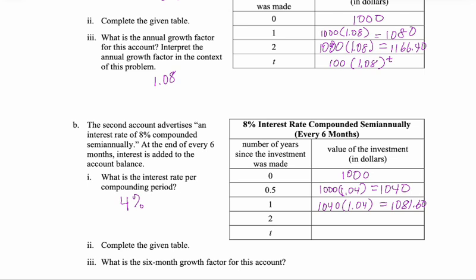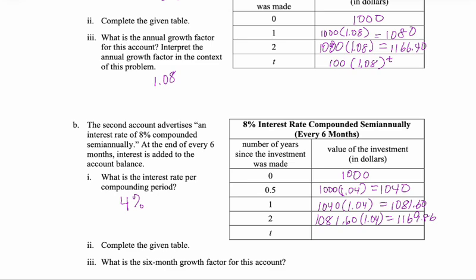And then if we do it again, 1,081.60 times 1.04, we get $1,169.86. Guess what? This time we're about $3.46, to be exact, ahead of the other.